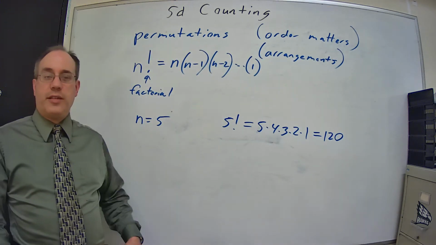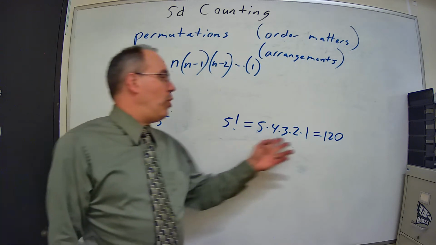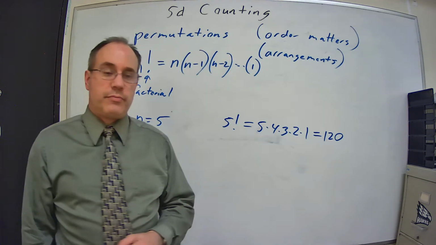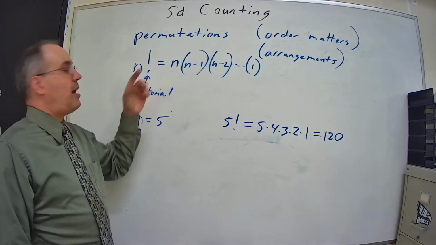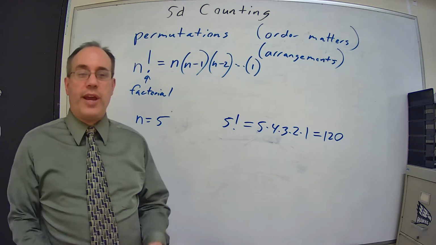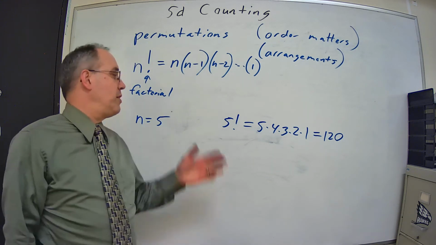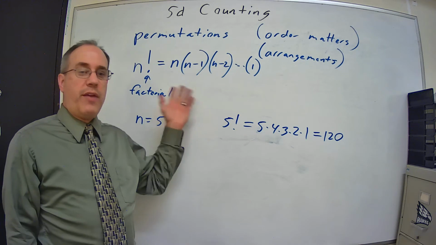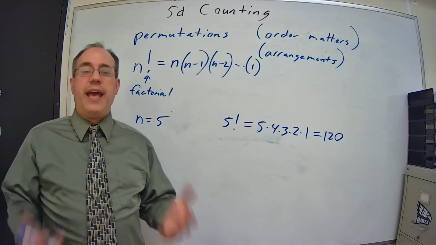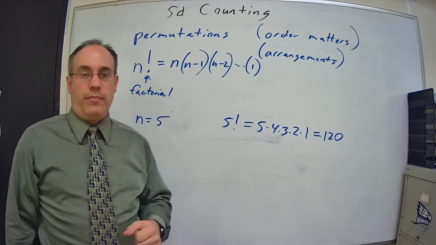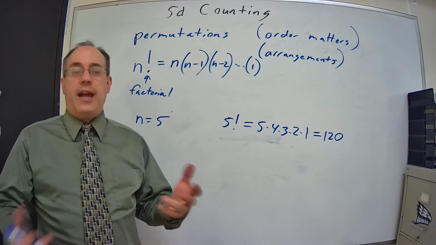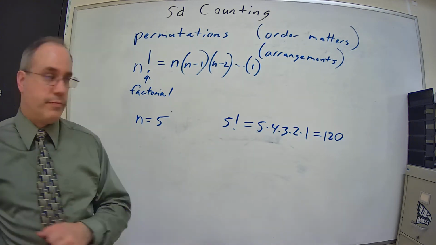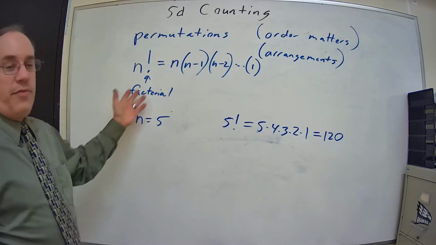So how many ways can I arrange 5 items? 120 ways. So n factorial. Anytime you want to find out how many ways you can arrange a set number of items, n factorial. Just take whatever the number is. If I want to arrange 10 items, 10 factorial. If I want to arrange 48 items, 48 factorial.